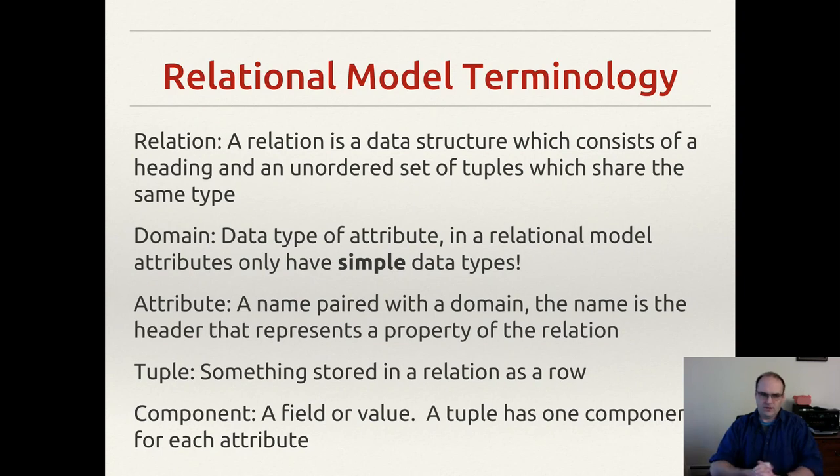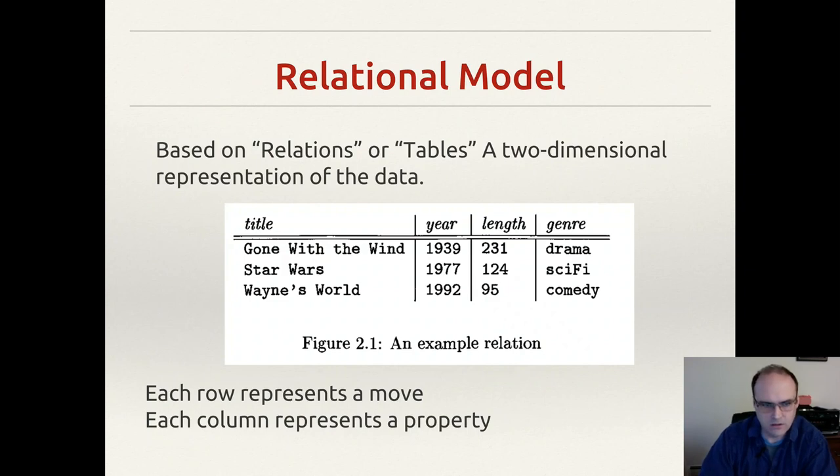So that's an important differentiation between NoSQL and relational, right? So an attribute, I've mentioned this a couple times, is our column, right? This is a name paired with a domain, so a name and a type. So if you go back here and we look at our title, we said was a string. So the combination of the name title and the fact that this column is a data type string, that makes an attribute, right?